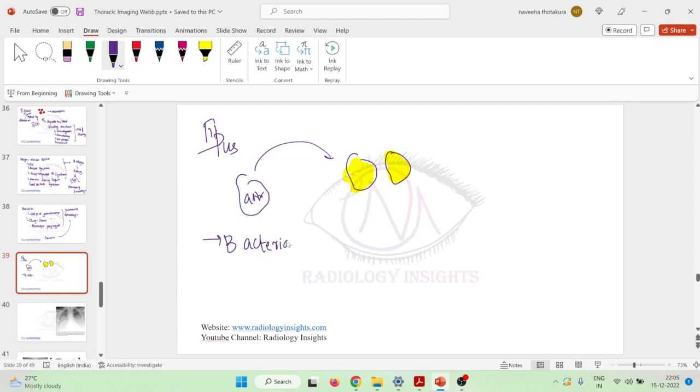In bacterial pneumonia, the alveoli which is filled with air is now replaced by pus. Then in pneumonia in immunocompromised patients also, obviously in pneumonia the air is replaced by pus.